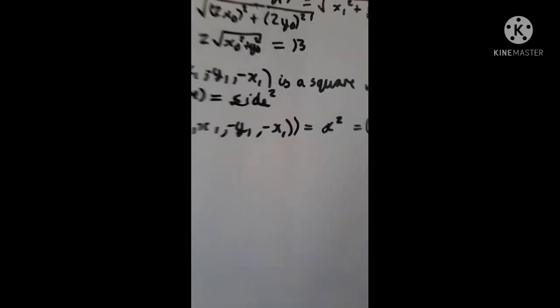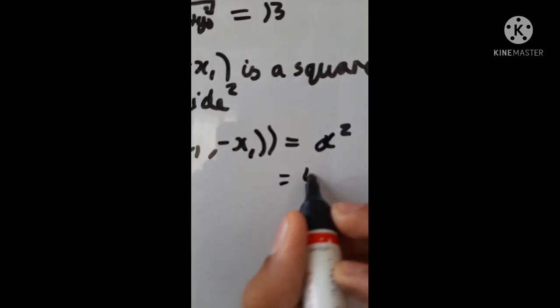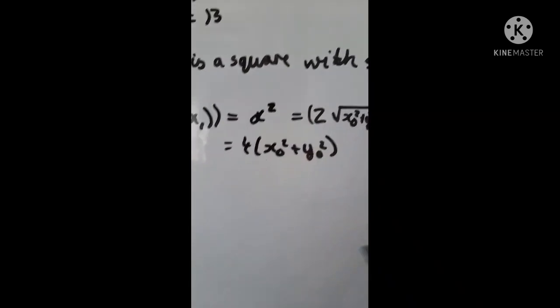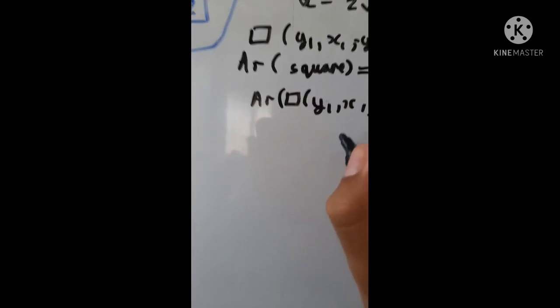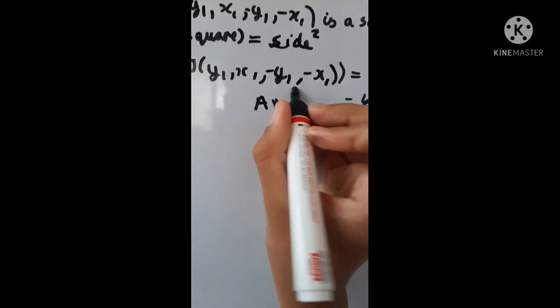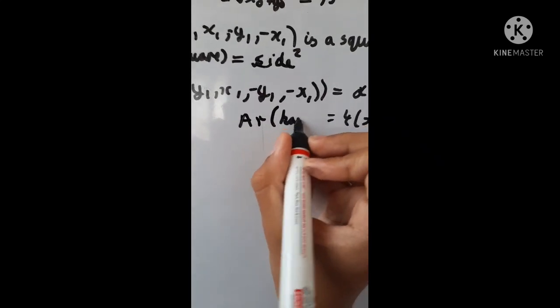Pretty funny. So we have 2 squared first, so that's 4 times x naught squared plus y naught squared. I need to give this thing a name. Let's call this Harambe or something. Area of Harambe.